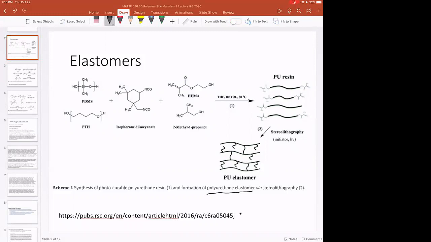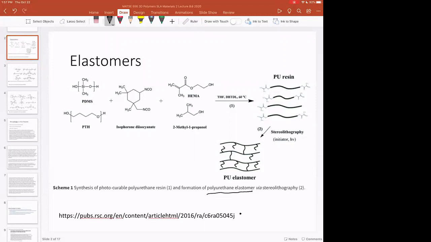So polyurethanes by themselves are not photocurable. And so when you see polyurethane resins in SLA, those polyurethanes are obtained by other means other than a polyurethane reaction. So you can look up how we make polyurethanes from a diol and a diisocyanate, and that's a thermal reaction, or it's a room temperature reaction, but there's still thermal energy at room temperature.